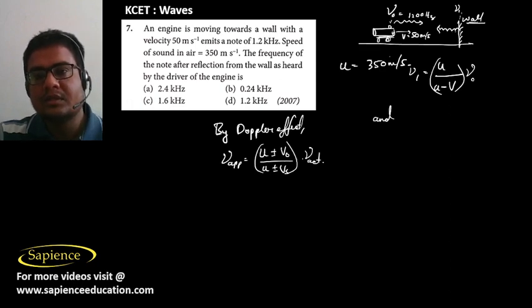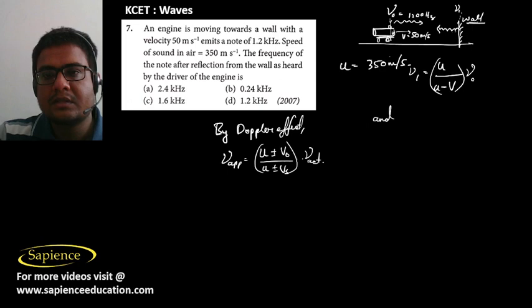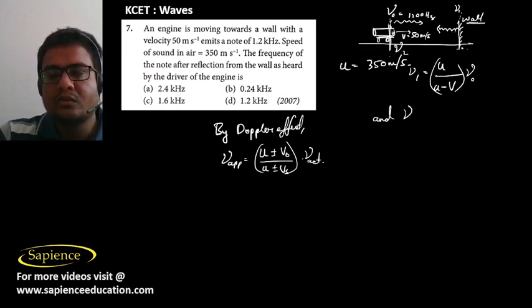When the reflected sound is received by the driver in the engine, this engine will be treated as the observer and the wall will be treated as the source. So the observed frequency is nu 2 by the driver.